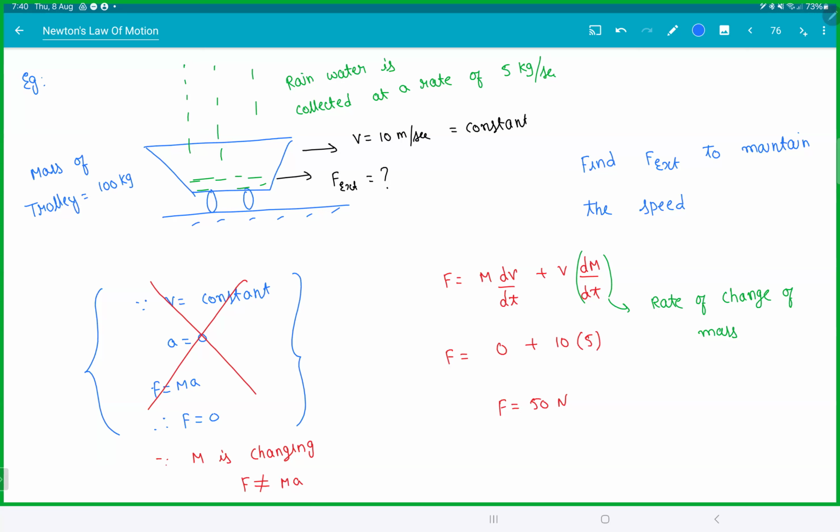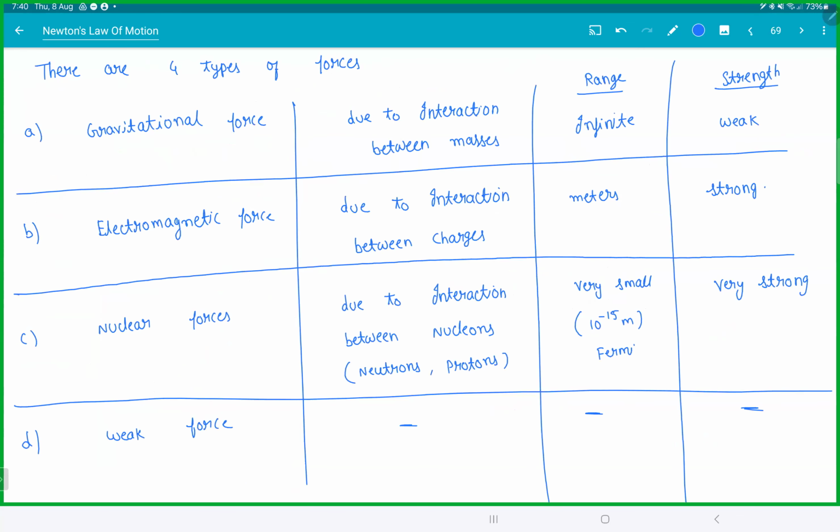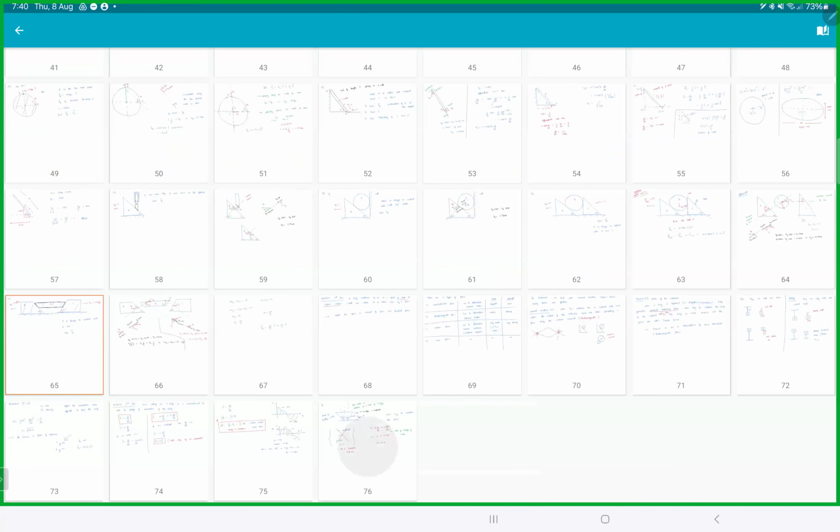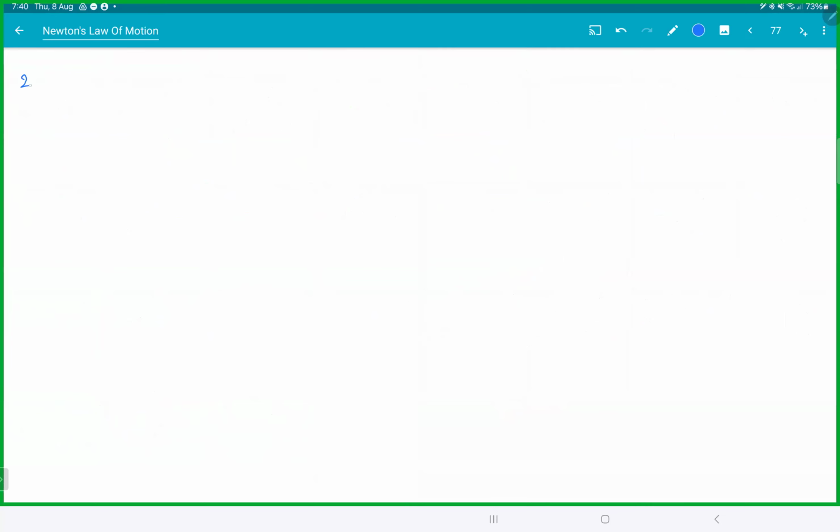All clear with this? Any doubts on this example? Let's say a question. You guys try this. We have a trolley. M is the mass of the trolley.